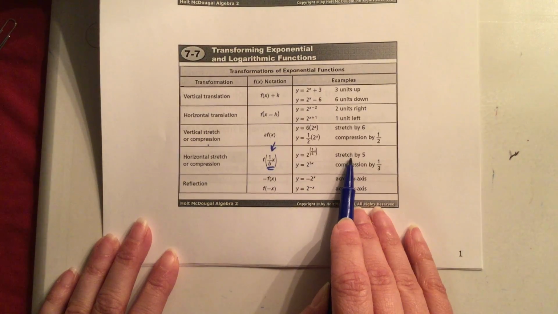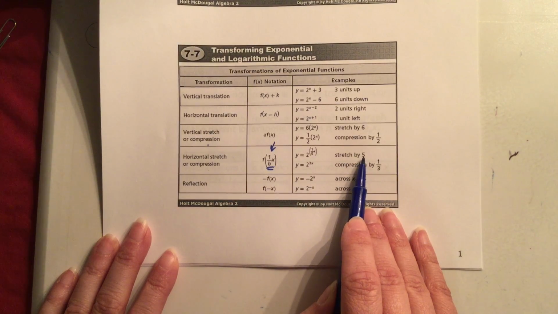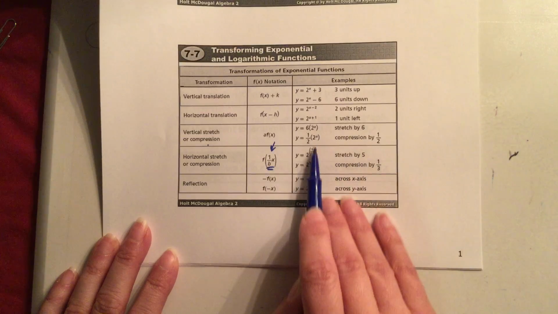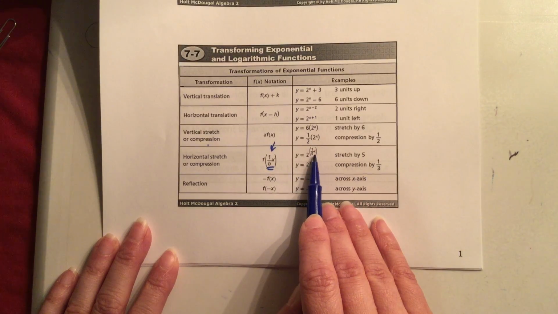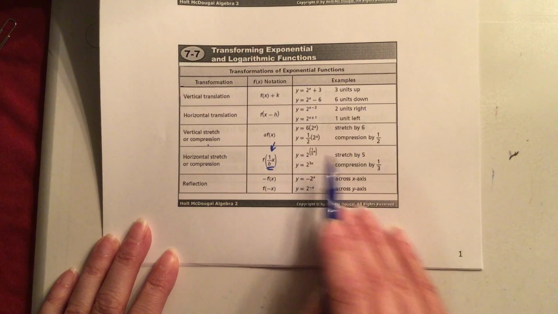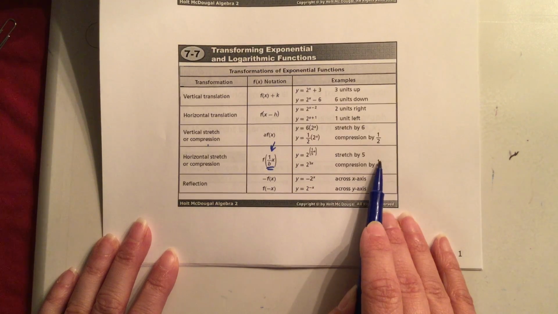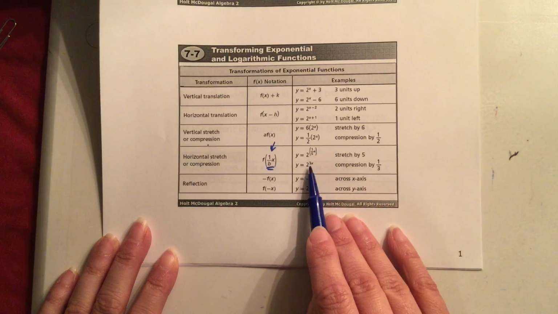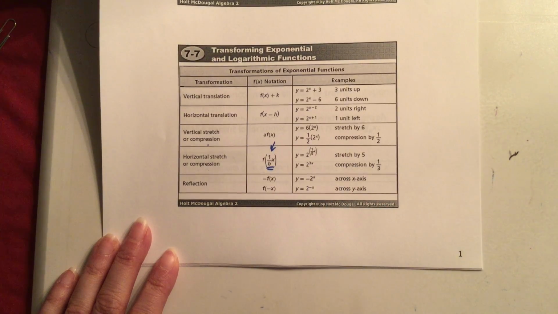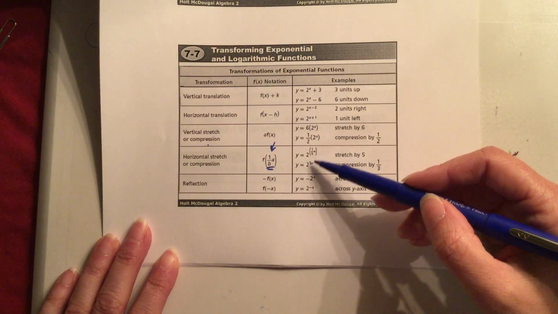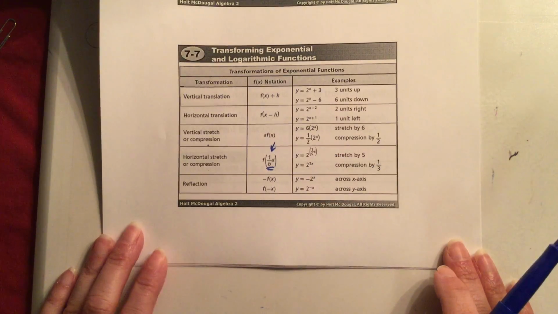So a stretch by a factor of 5, the reciprocal of 5 is 1 over 5. So 1 over 5 is what gets multiplied to the x. A compression by 1/3, well, the reciprocal of 1/3 is 3, so 3 gets multiplied to the x. Again, you know it's horizontal because the change stayed within the exponent.